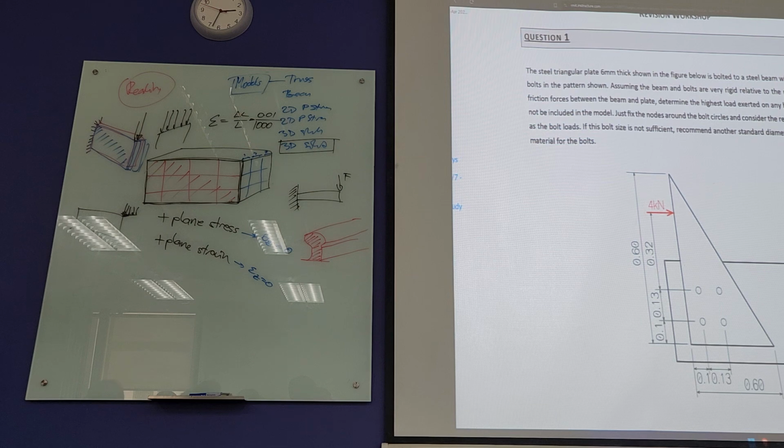Yeah. So whether it's going to be M5, M8, M12, M24, or whatever. Yeah? And that's basically what this exercise is about. Figuring out how much reaction force we have. Yeah?